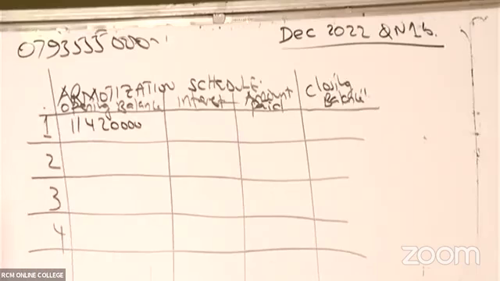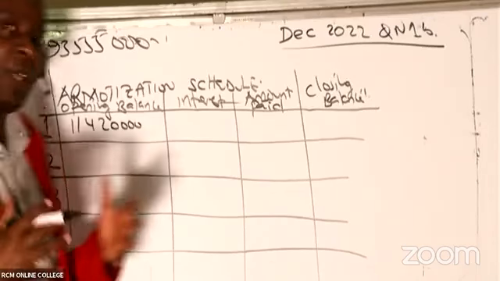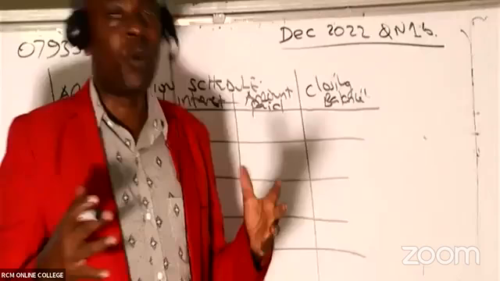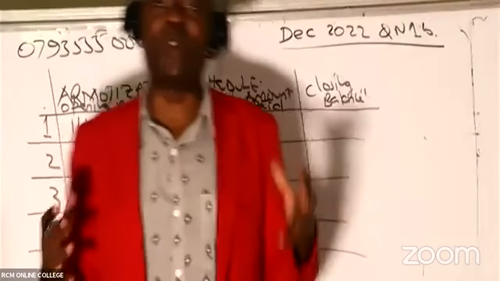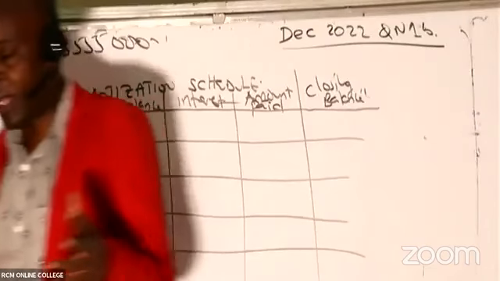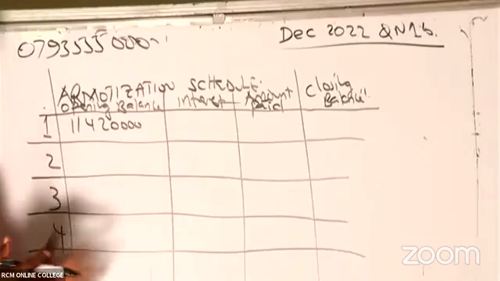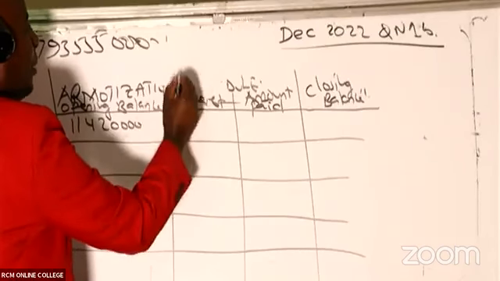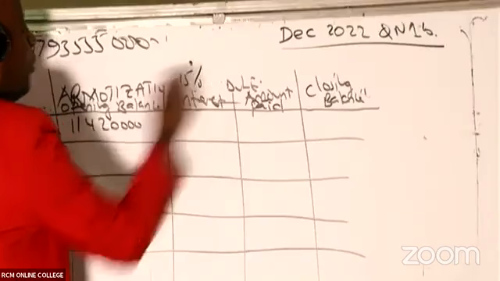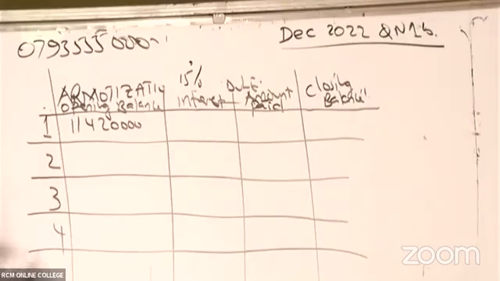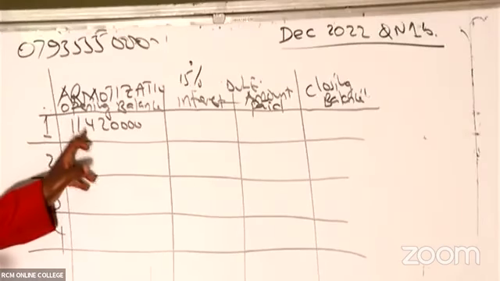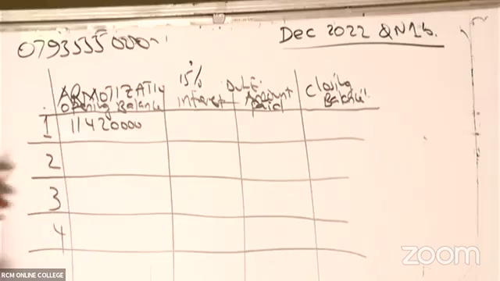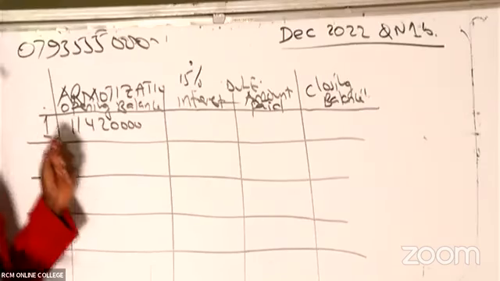So is there anybody who is able to remember the rate of interest? It is normally the cost of capital, which is 15%. So can you kindly then give me the interest earned out of this money? 11,420,000 times 0.15.